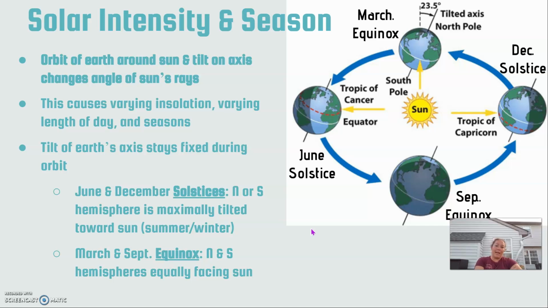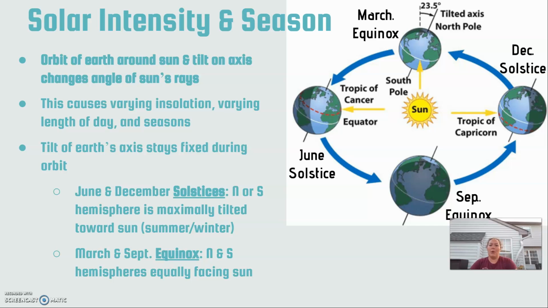The tilt of the Earth's axis stays fixed during orbit, so the tilt is always the same as it goes around the sun. In June and December, those solstices, the northern or southern hemisphere is maximally tilted toward the sun or away from the sun, which creates summer and winter. So in June, it's maximally tilted towards the sun, and in December, it's tilted away from the sun.